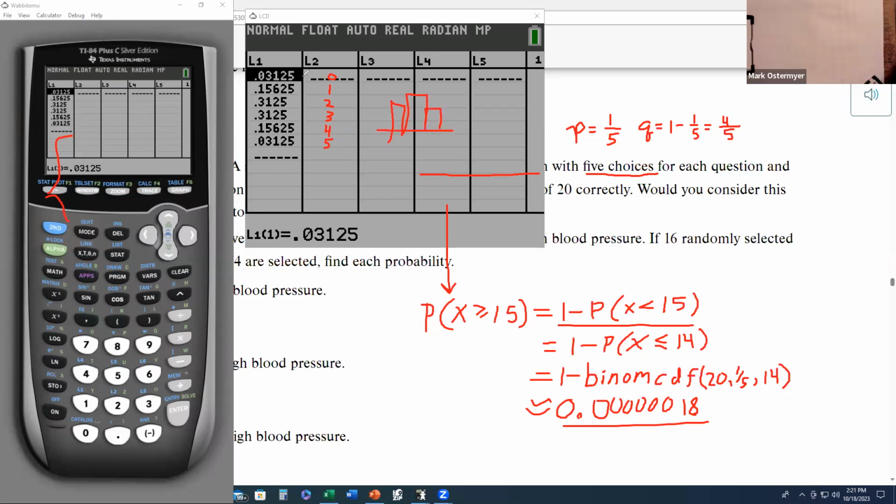Is this a symmetric distribution? Just look at these numbers. Do you agree that 0 success probability corresponds with 5 success probability? 1 success probability corresponds with 4 success probability? 2 success probability corresponds exactly with 3 success probability? Ladies and gentlemen, this is a perfectly symmetric binomial discrete probability distribution.